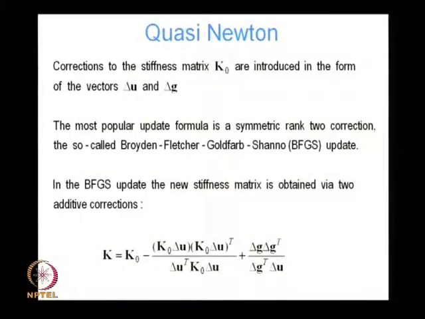It is the tensor product, not the cross product, sorry, of this vector k0 delta u with itself, scaled by this quantity at the bottom, which is a scalar. Delta u transpose k0 delta u is nothing but a scalar, and this is an outer product. It is a tensor product. K0 delta u is a vector, and that vector has an outer product with itself.